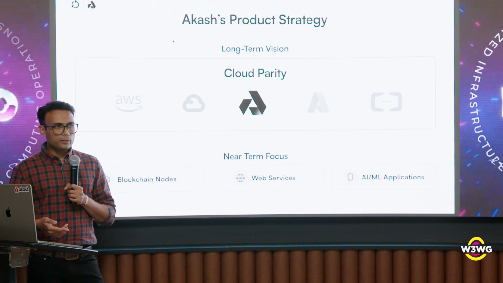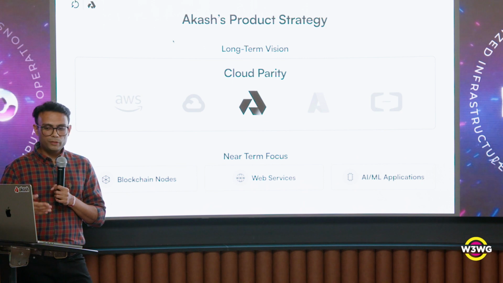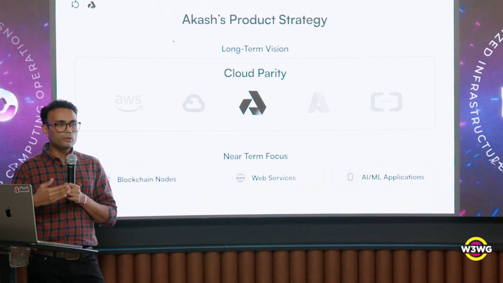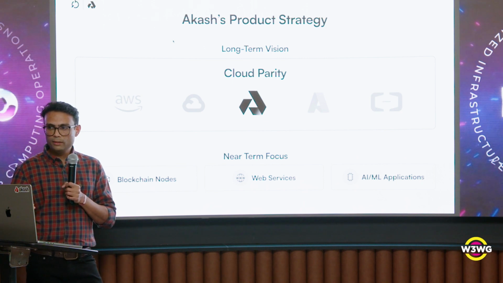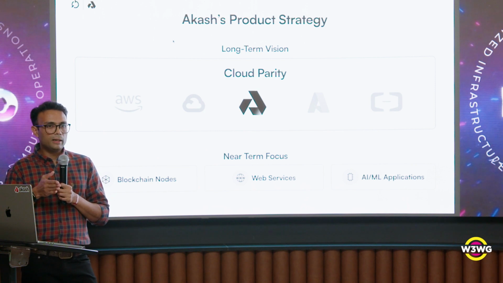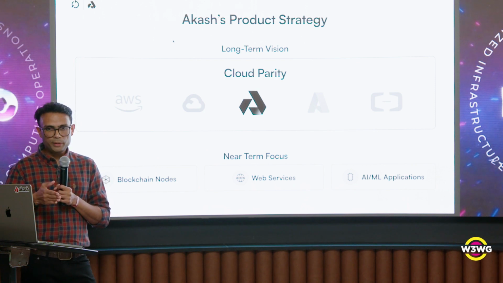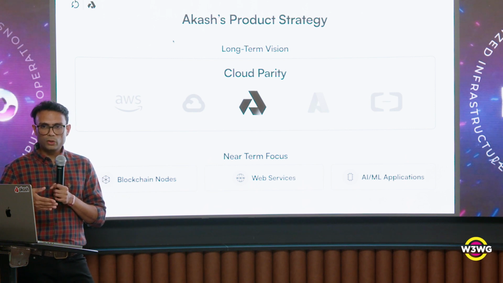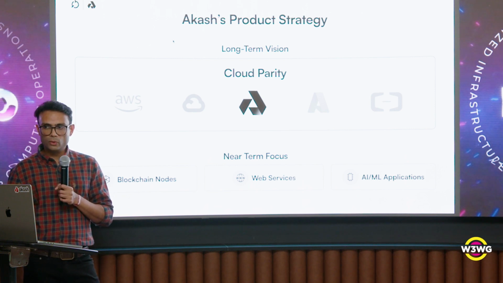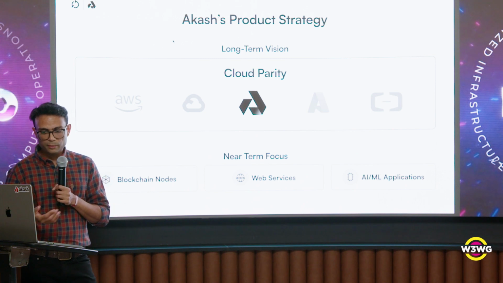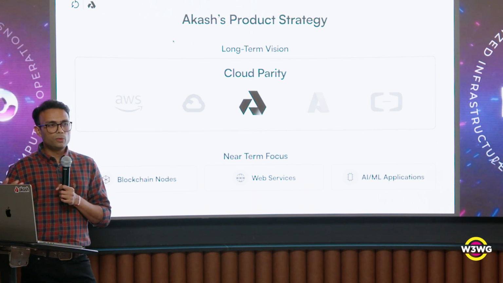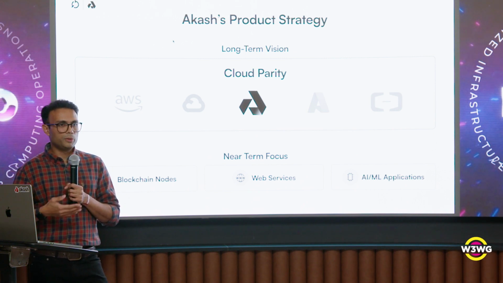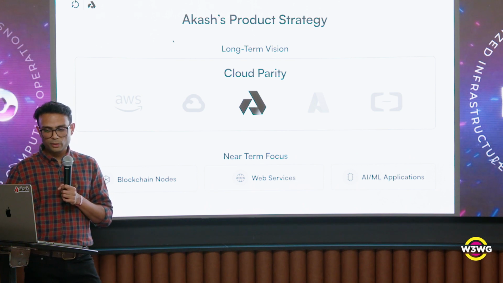A better way to do it is to say, what are the specific user segments that we can reach as a community today, and then focus really hard on making the best user experience for those segments. If you solve those user segments, not only do you generate demand and grow as a community and as a company, but you also achieve cloud parity, because if you solve it for them, you're probably solving most of the cases for general web services.